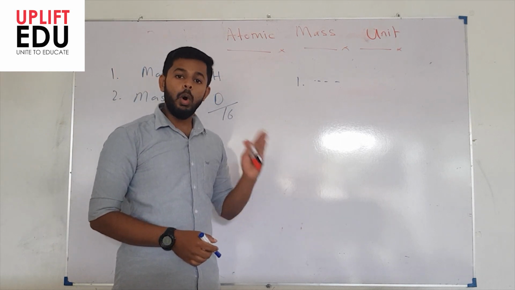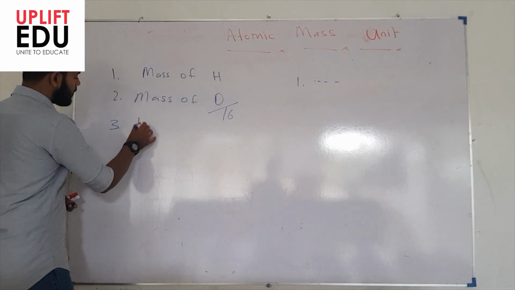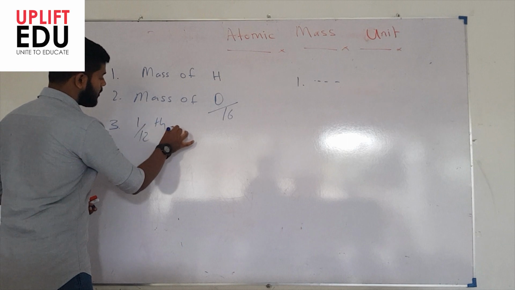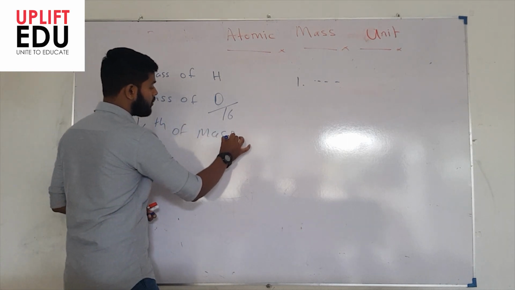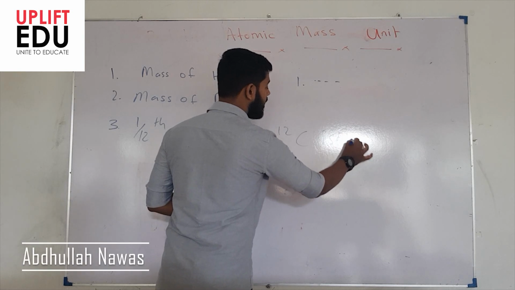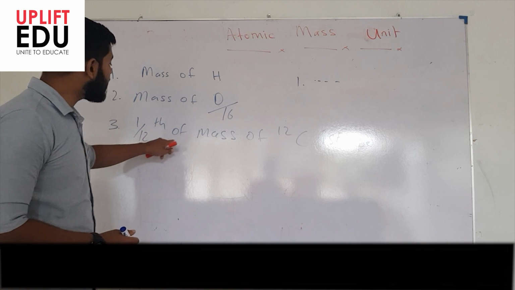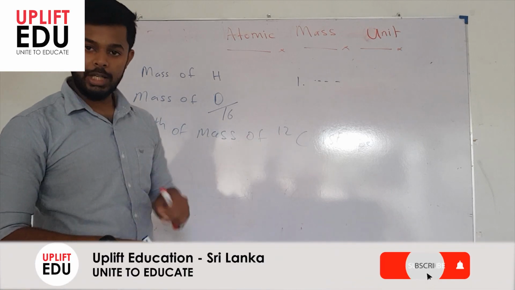At present, the most accepted atomic mass unit is 1/12 of the mass of the 12 carbon isotope.